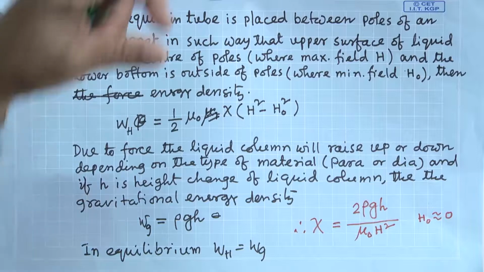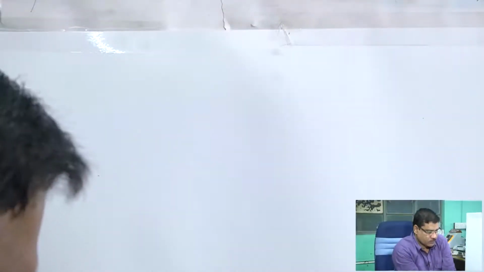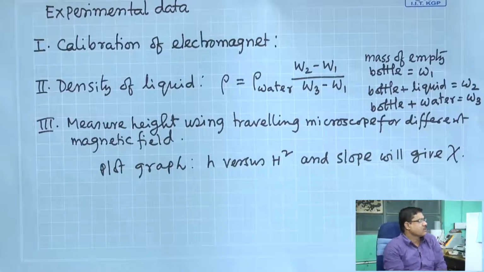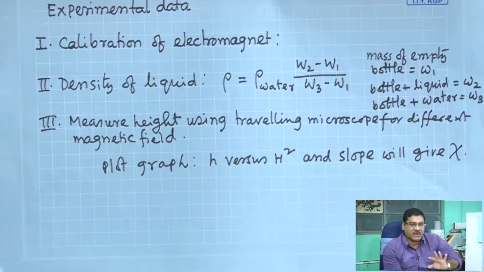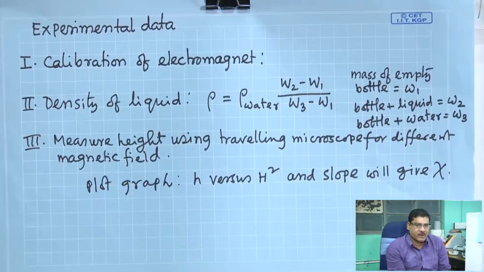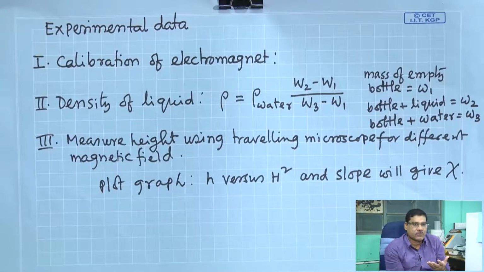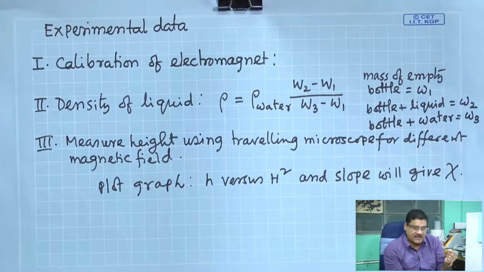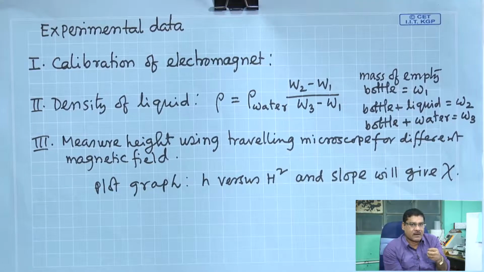So, we have to do the experiment and collect the data. Experimental data we have to record. What do we have to do? We need a magnetic field, so we will use an electromagnet, and place the tube containing liquid between the pole pieces, keeping them at a particular gap.